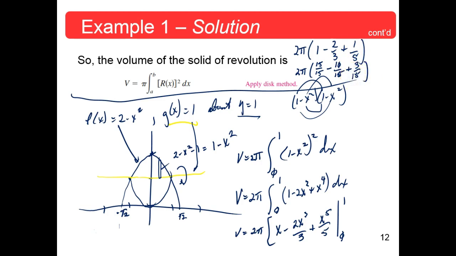My screen's falling back on me. It's coming back. Okay. So that'd be 5 plus 3 is 8 fifteenths. 2 pi times 8 fifteenths. Okay. And that would be 16 pi fifteenths. I think. I hope. Where is it? Ah, there it is. Yep, they got it right. Good for them.